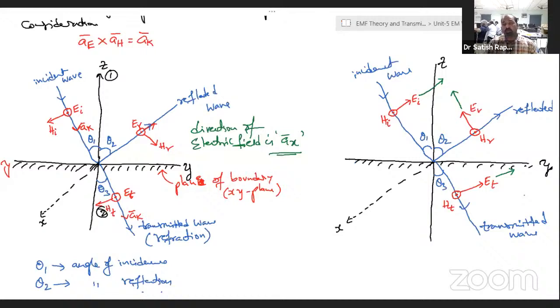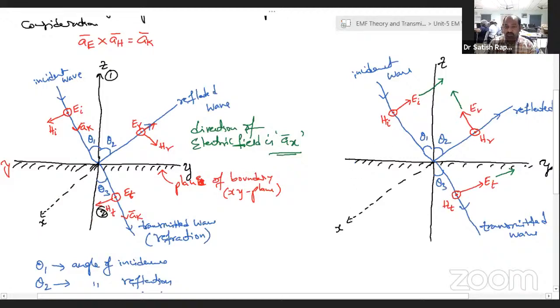So the electric field, and here magnetic field is in the same direction. So here magnetic field is indicated with a dot. Here is dot, and here is dot, and here is dot. Right? In 3 cases it is dot. That is incident wave dot, reflected wave dot, and transmitted wave dot.